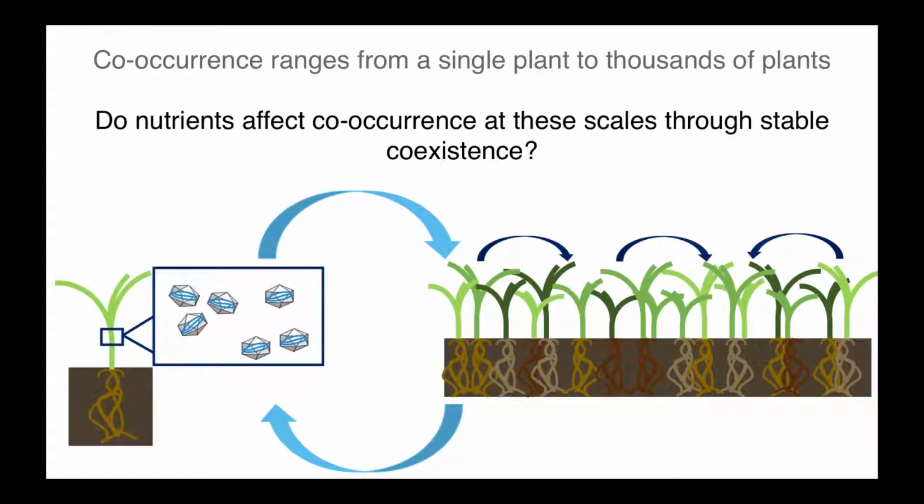So I followed this up with looking at how nutrients affect co-occurrence at 2 different scales. One is within the host, so co-infection, and then one is at the host population scale. And there might be niche differences operating at either of these scales.